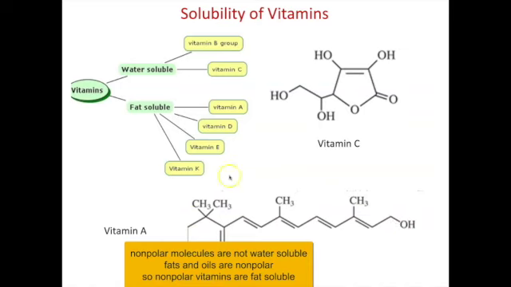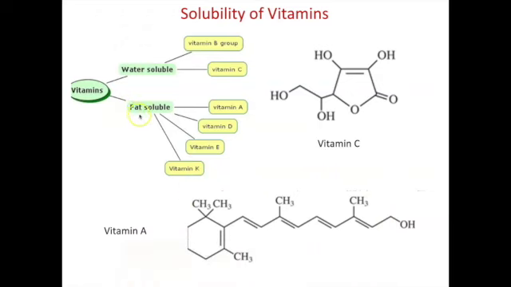So this overall is a nonpolar molecule that is not going to dissolve in water, but can be stored in fat in the body. So vitamins A, D, E, and K are stored and collected, and so you don't need these daily. Water will dissolve polar compounds and ionic compounds, but not nonpolar compounds like vitamins A, D, E, and K.